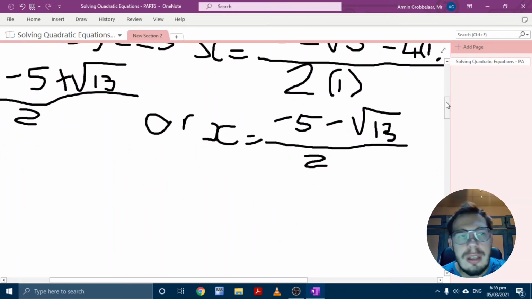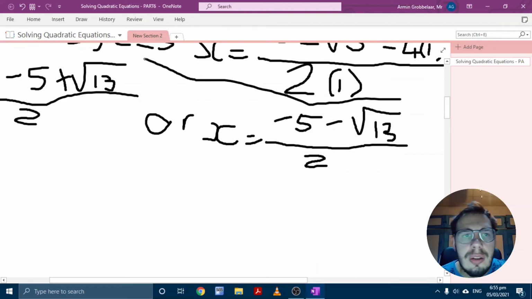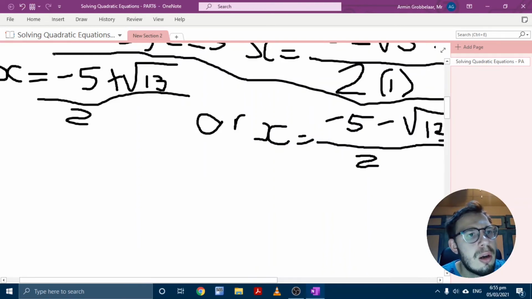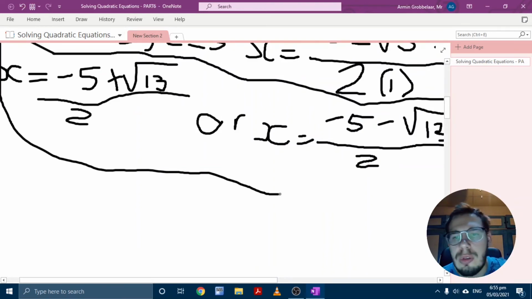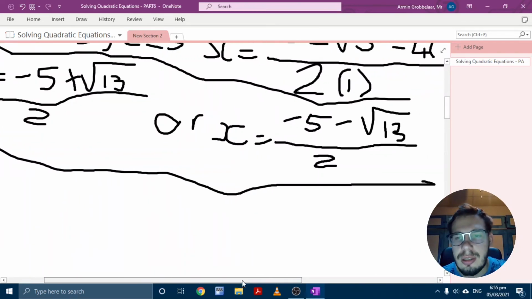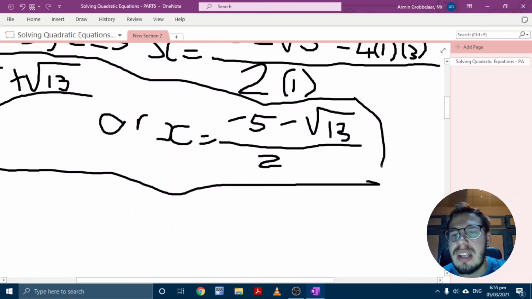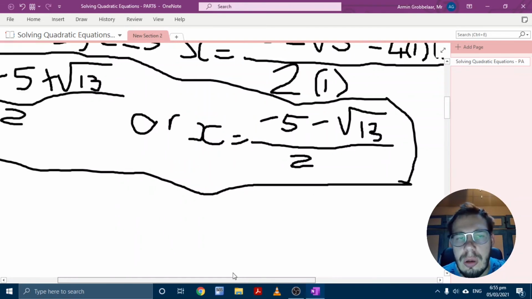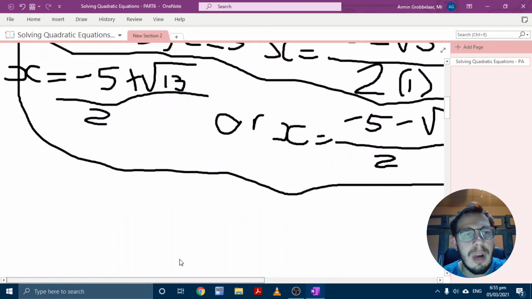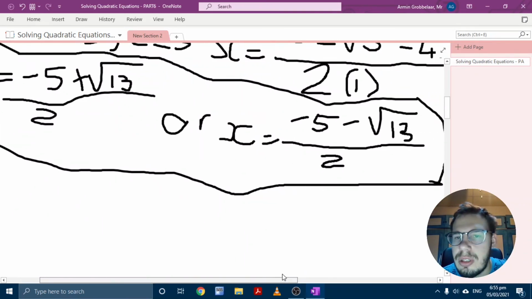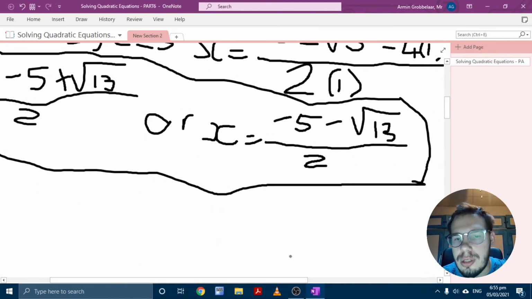Now you can simplify the answers for these x's, but it's not necessary if you're not asked to. If they ask you to simplify it, I'd suggest simplifying it, but if they say nothing, you can just leave your answer as x equal to minus 5 plus the square root of 13, all of that divided by 2, or x is equal to minus 5 minus the square root of 13, all of that divided by 2.